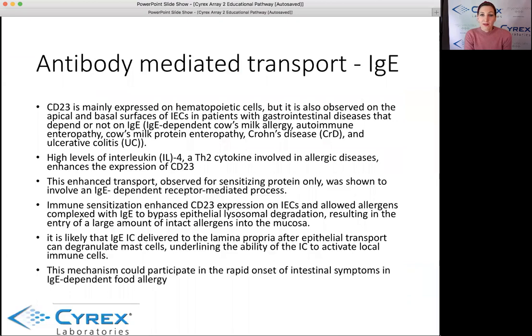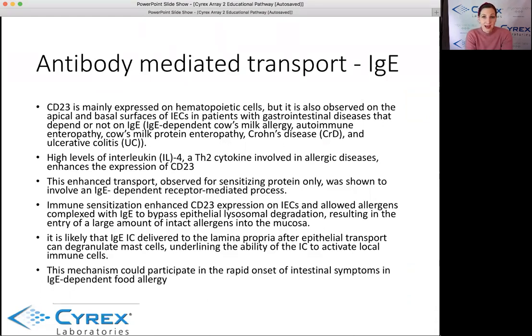So then we have a similar mechanism involved with IgE-mediated transport using a different receptor. So the CD23 receptor can be used to help transport IgE-mediated antigens from the gut lumen into the lamina propria. And in this instance, allergens complexed with IgE bypass epithelial lysosomal degradation.